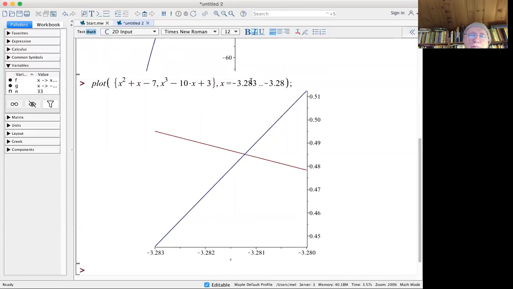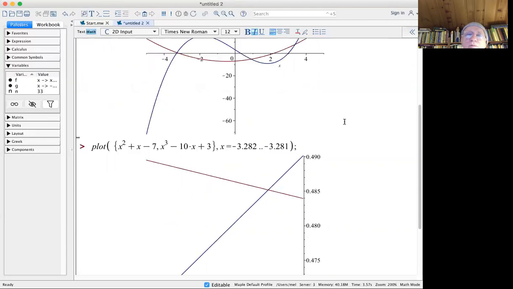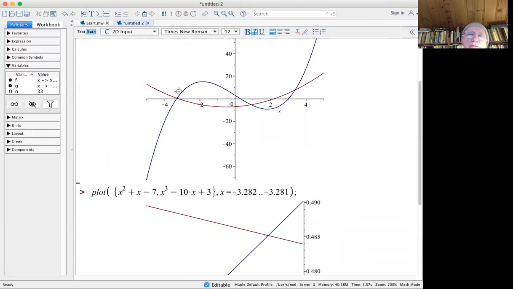Not sure. Closer to 3.282 and 3.281. Yeah. So here we have the point of intersection to 3 decimal digits. It's like minus 3.281 something, and the y is right up here.